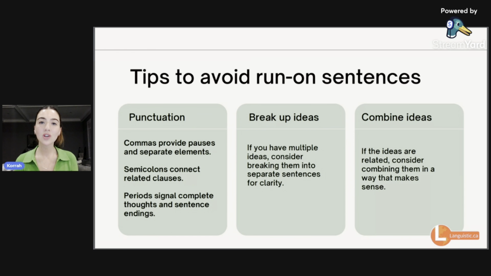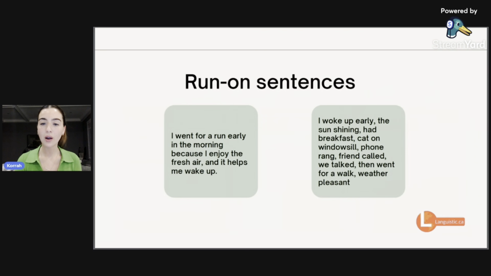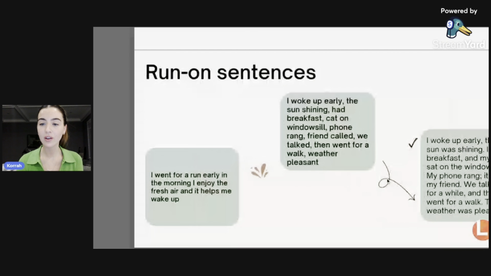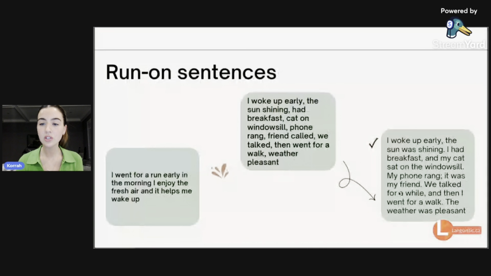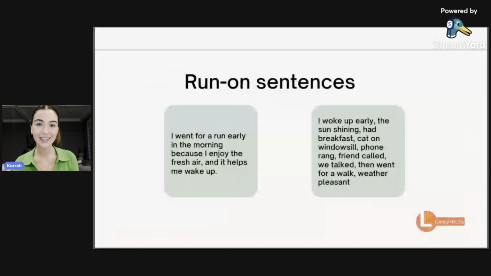But if your ideas are related, combine them in a way that makes sense. So if we go back one, we connected my phone rang, it was my friend, with a semicolon, because these two ideas are related. Your phone rang and it was your friend. Add a semicolon, connect them, they're related, and they can stay together in a sentence.